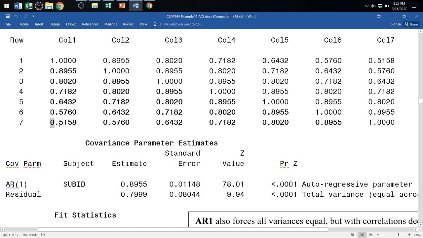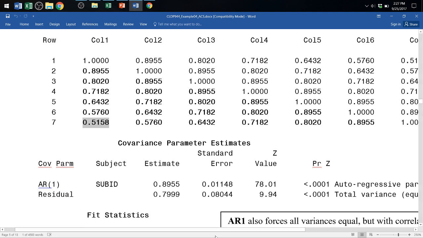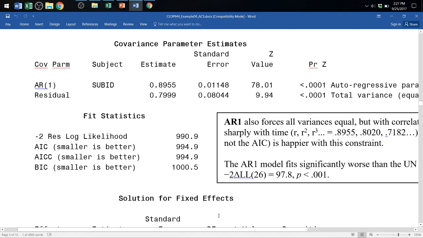So this predicts that the highest lag, the furthest distance in time, is supposed to be correlated only 0.5, whereas in the data it's 0.8. So this isn't going to fit well. How well does it not fit?